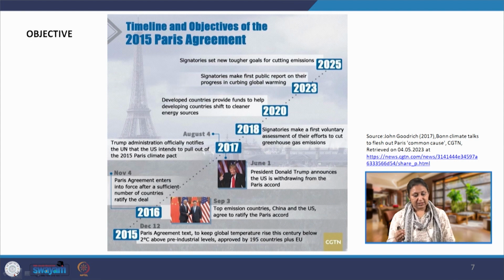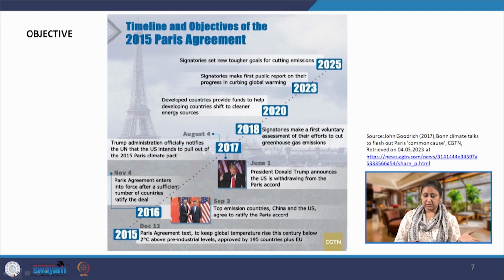In 2023, signatories make the first public reporting of their progress in curbing global warming, and part of it we had seen in the first lecture of this week when we were discussing the UNFCCC, and we were looking at the commitments, the targets that each individual country has set for itself, and we saw that India committed to become net zero emission by the year 2070, or China pledged to become net zero by 2060 and things like that.